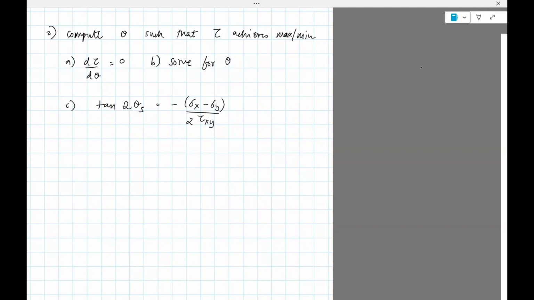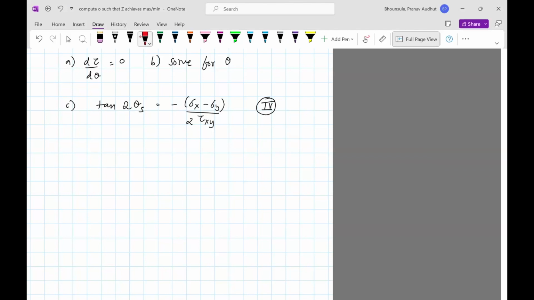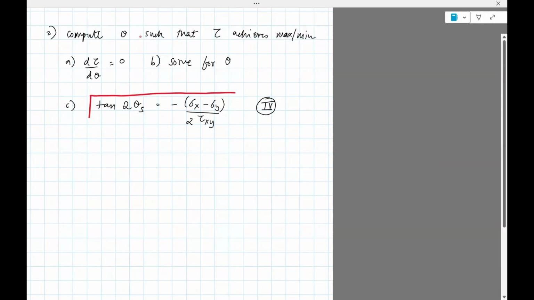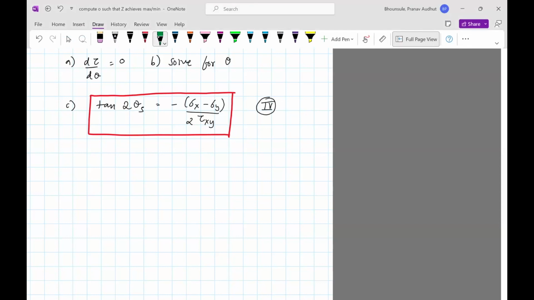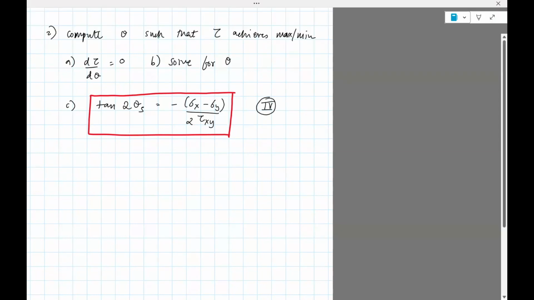Call this the fourth formula. This is the direction of maximum or minimum shear stress.